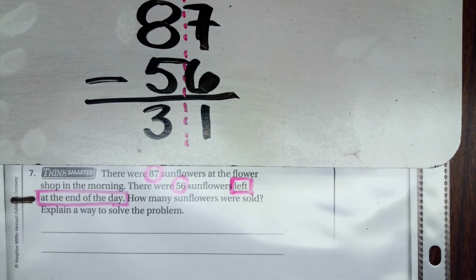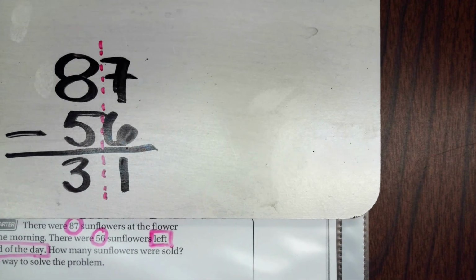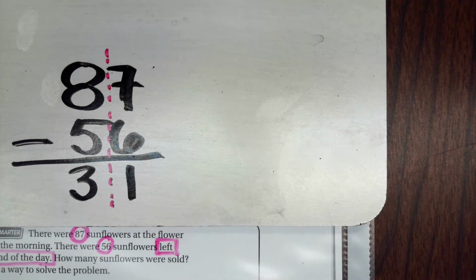Because I like to make my math teacher happy, I like to write my answer in the form of a complete sentence. The question was, how many sunflowers were sold?